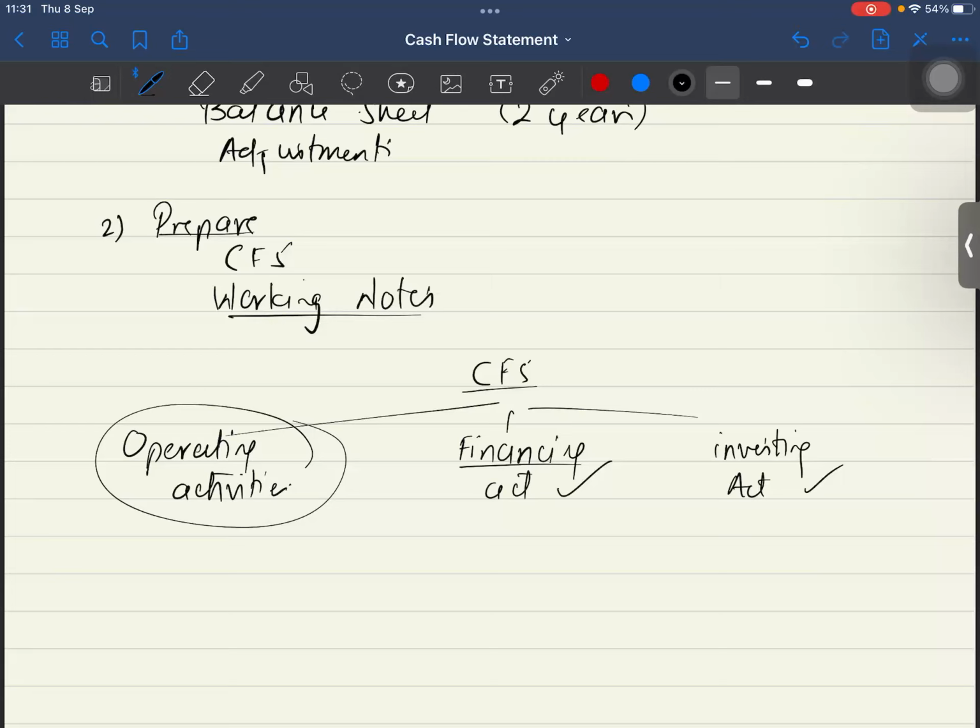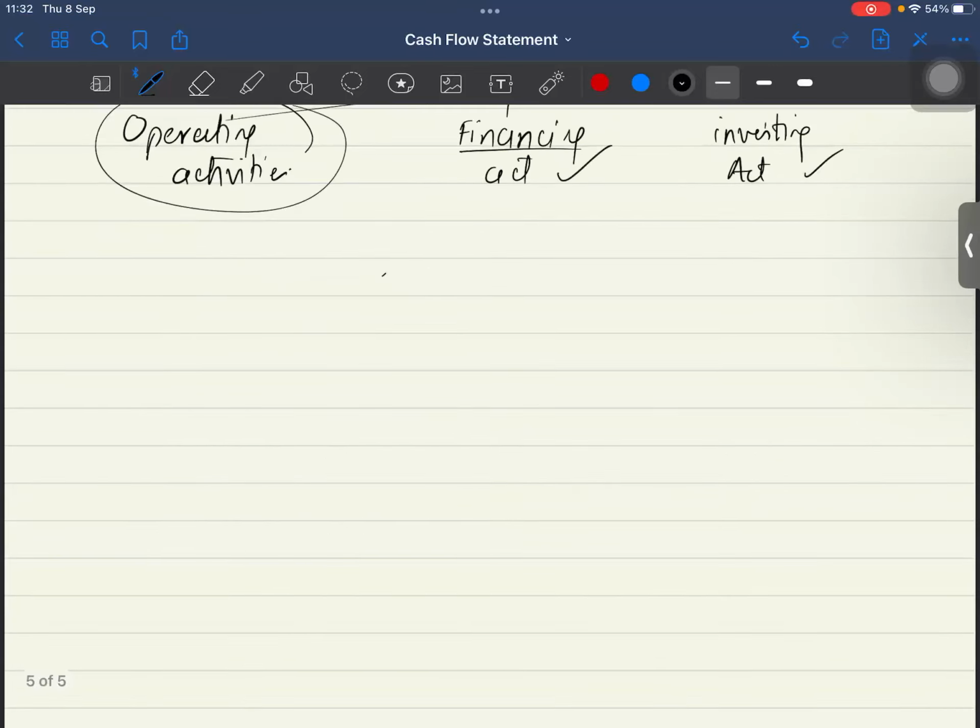Talking about the operating activity, here you are taking care of the amount you actually generated from buying and selling of goods and services. I am assuming that all the sales are cash sales. I have a sale of 100 rupees.